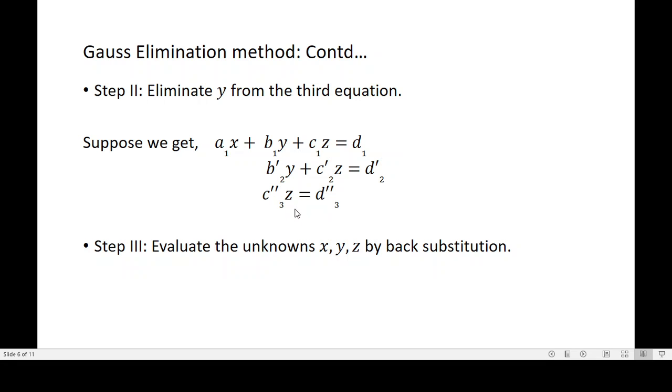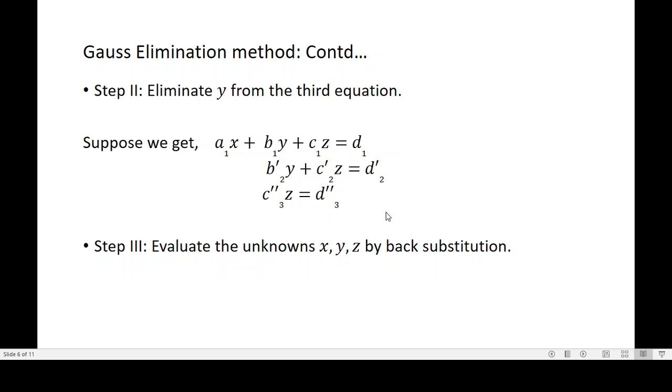Once we find the value of z, we substitute in the second equation and find y. So y and z are known now. Let us substitute for y and z in the first equation and find x. Therefore, z, y and x are obtained. That is, evaluate the unknowns x, y, z by back substitution.